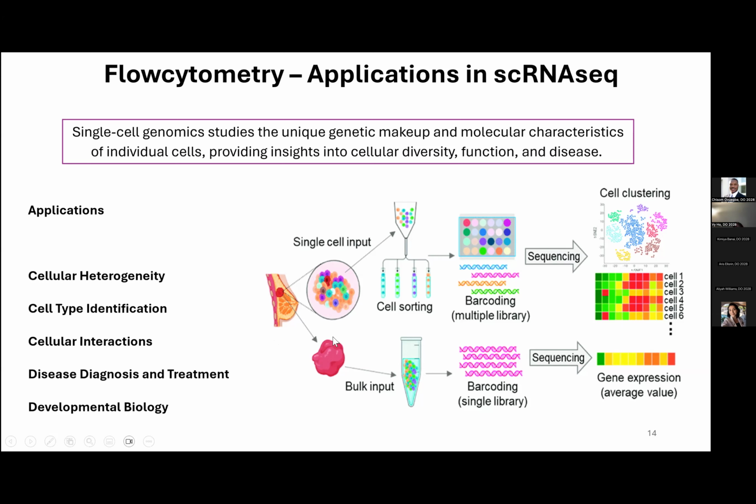Isolate or identify the cells, get the cells into single cell suspension. You can sort the cells based on their biomarkers of interest. And there is a technique to barcode all the cells. Every cell will be barcoded.